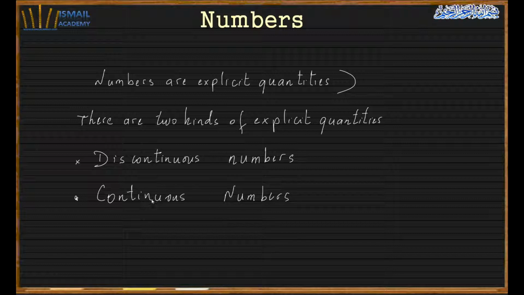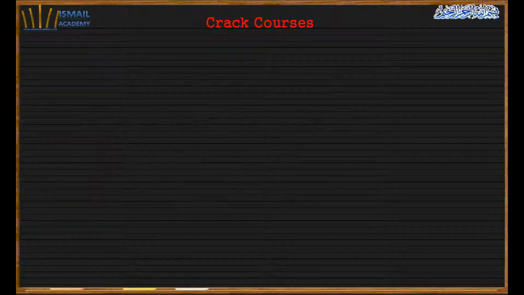So in fact we have two kinds of number. We have discontinuous number and we have continuous number. So that's the first star we can start with. So there are two kinds of number.